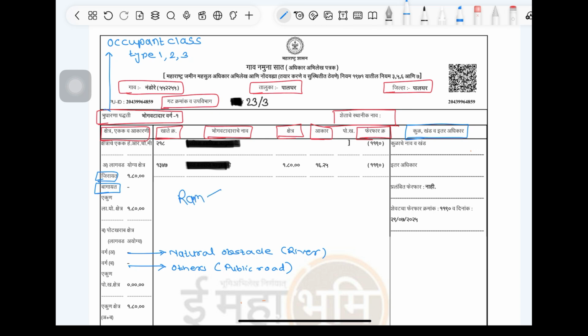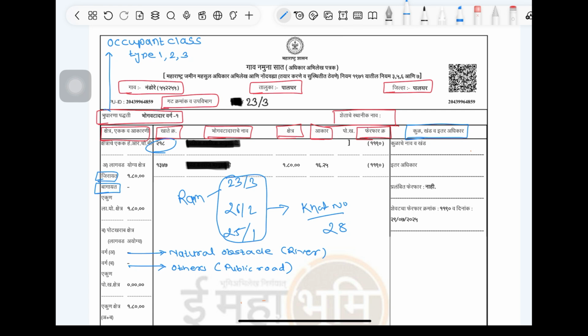For example, 23/3, 26/2, 25/1. Now this combined information will be available in one Khate number. For example 218. So in that 218, we'll get the information that Ram in that particular village, here Nandore village, has 3 survey numbers on his name.